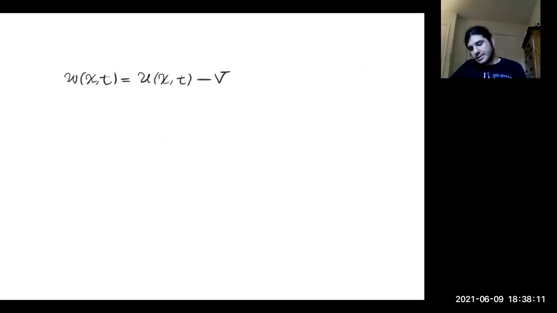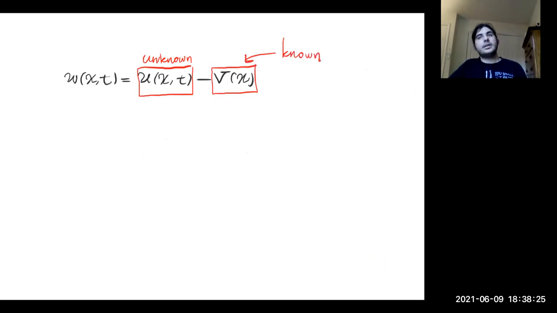So the idea is, now that we have v, if I take w to the other side, I can write w of x and t to be u of x and t minus v of x. Now u was unknown. This was the unknown part. And after solving the steady state equation, v is known. So the idea is to substitute w into the equations, get an equation for this other function w, and try to solve that. And this is usually easier.